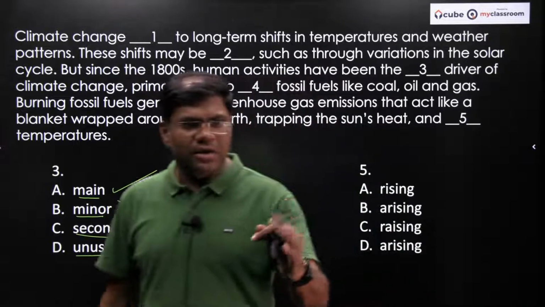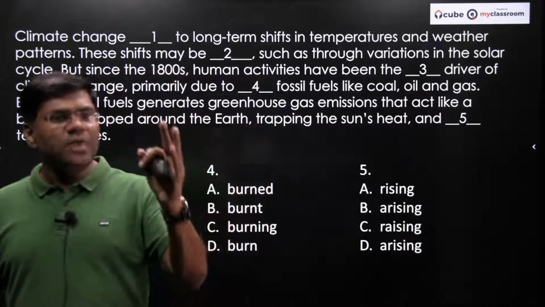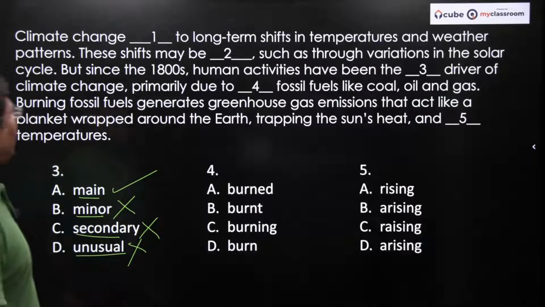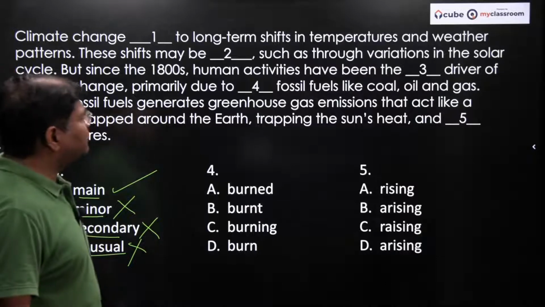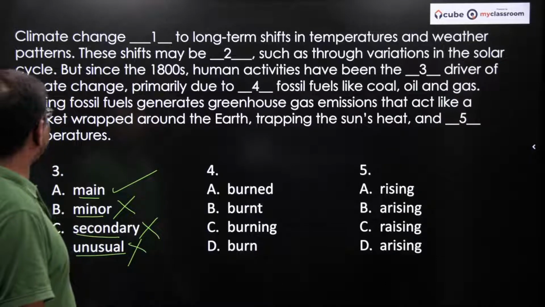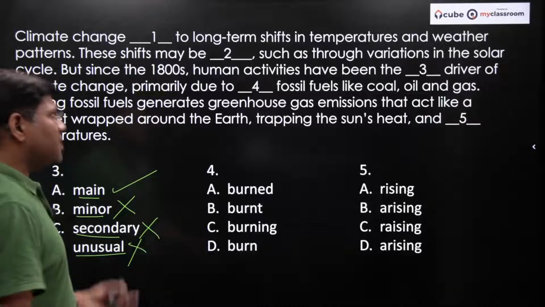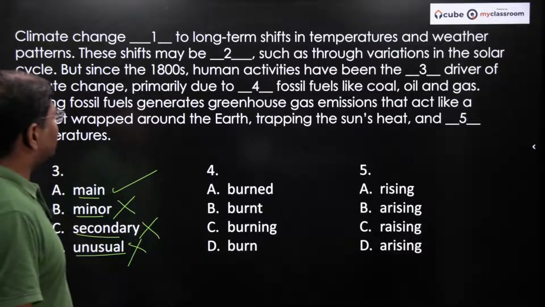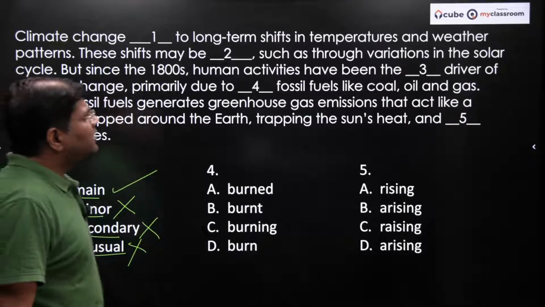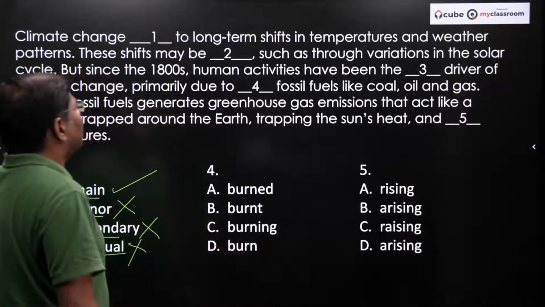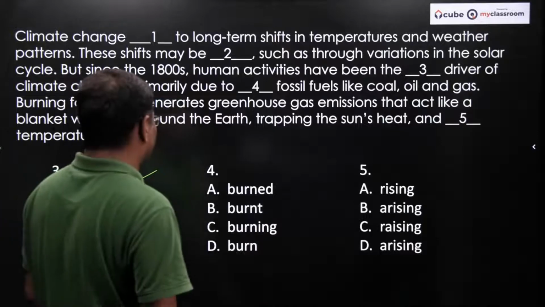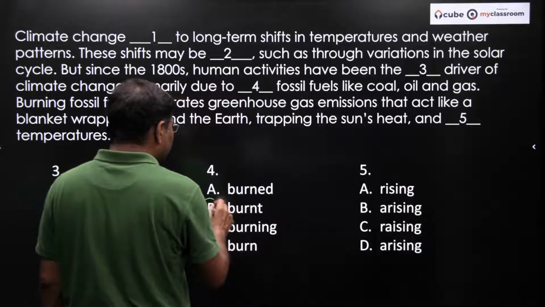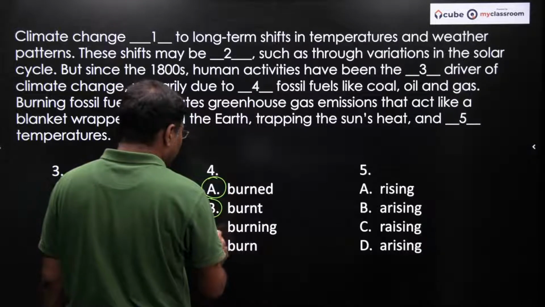Are you following me? It is very important that you be very, very logical with what you are doing here. So it says here, climate change dash to long term refers to long term shifts in temperatures and weather patterns. These shifts may be natural, such as through variations in the solar cycle, but since the 1800s, human activities have been the main driver of climate change, primarily due to dash fossil fuels: due to burning fossil fuels, due to burnt fossil fuels, or burned fossil fuels, or burn fossil fuels.